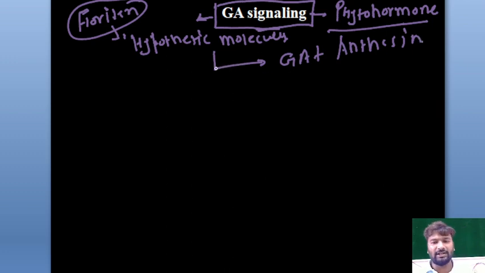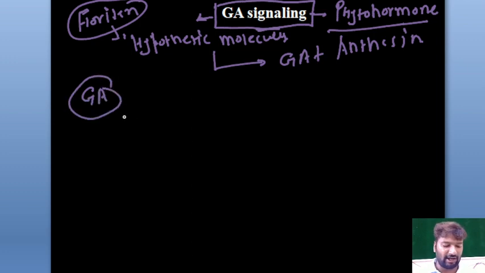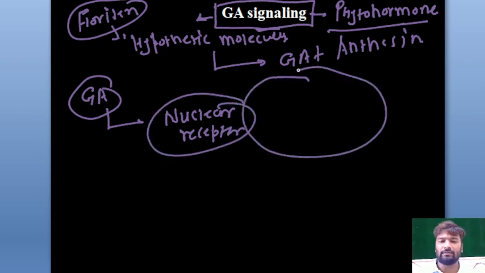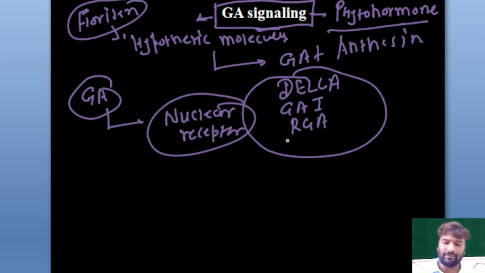So how does gibberellin signaling regulate the flowering process? There is a GA hormone which regulates some nuclear factors like receptor DELLA, GAI, RGA, RGL1, 2 and 3.